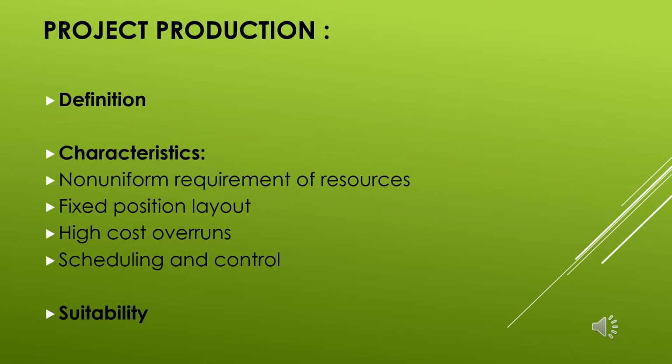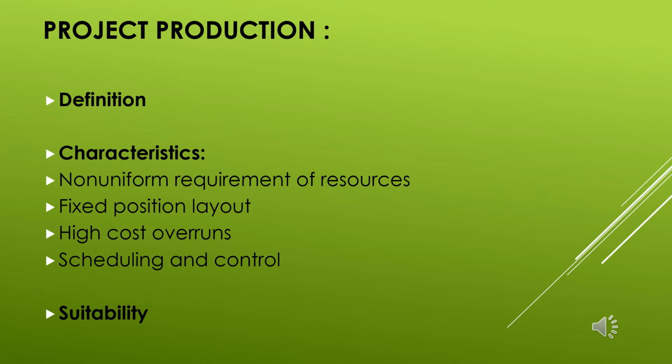That means it generally cannot be moved from one place to another. Operations on such products are generally carried out in the fixed position type of layout. We'll be talking about layouts in a different slide later on, but basically project production is carried out in a fixed position layout.